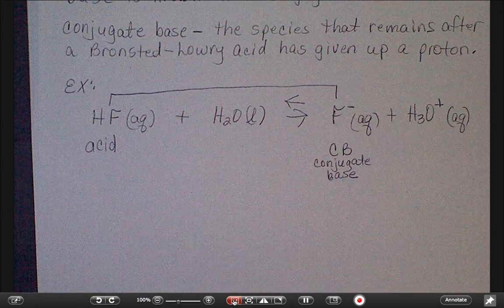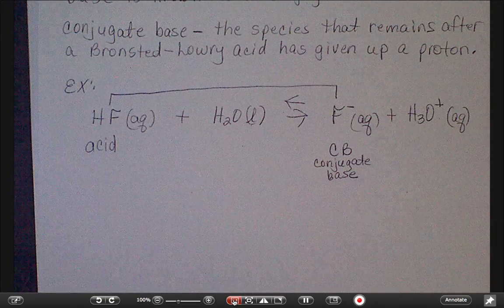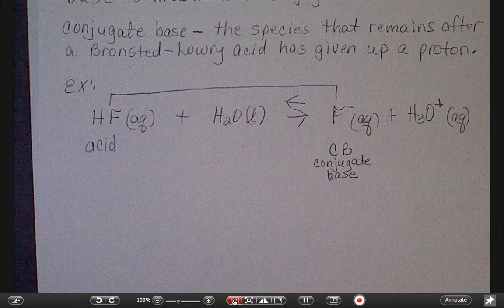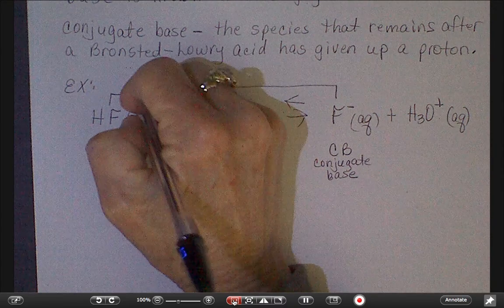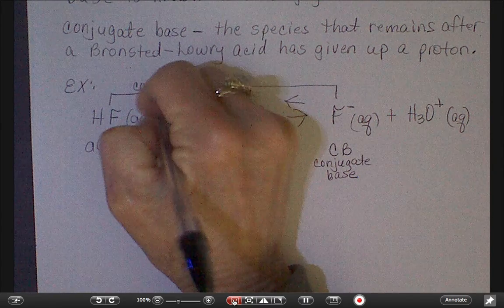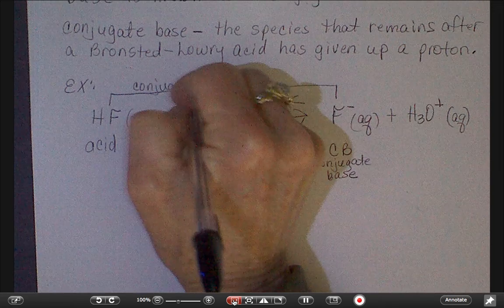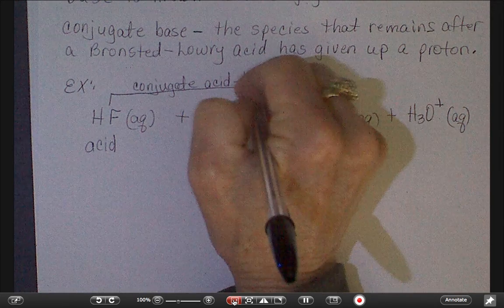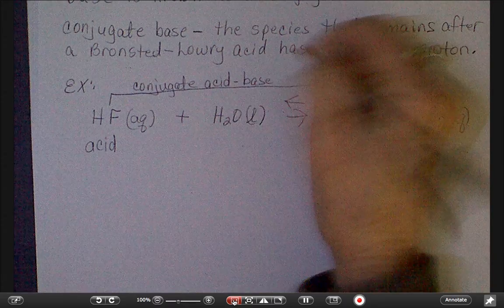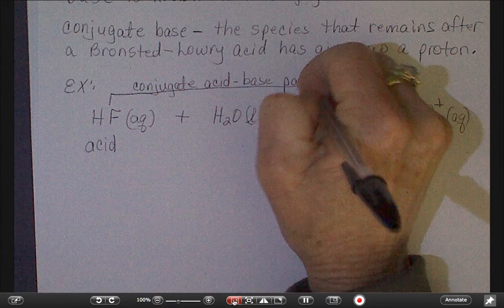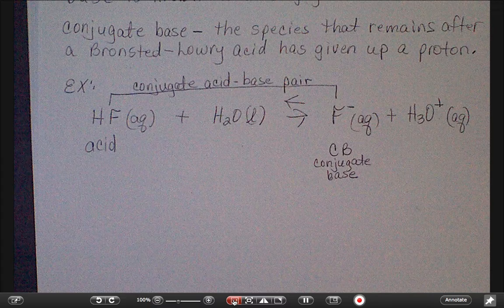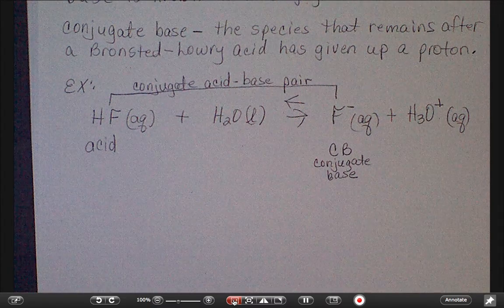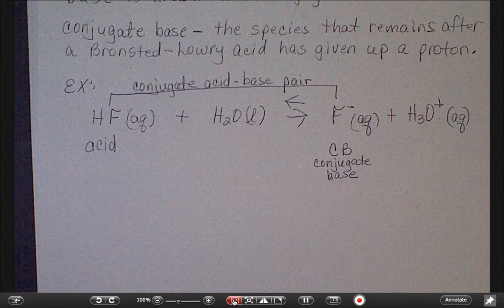So this is known as a conjugate acid-base pair. Write that up here. Conjugate acid-base pair. Okay? So that's not hard.